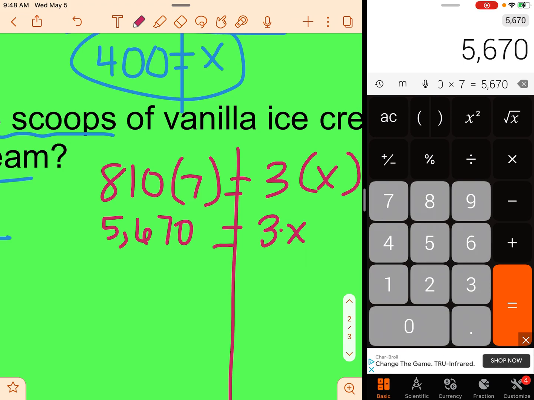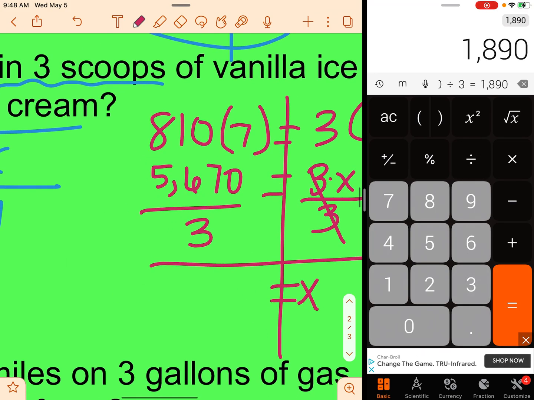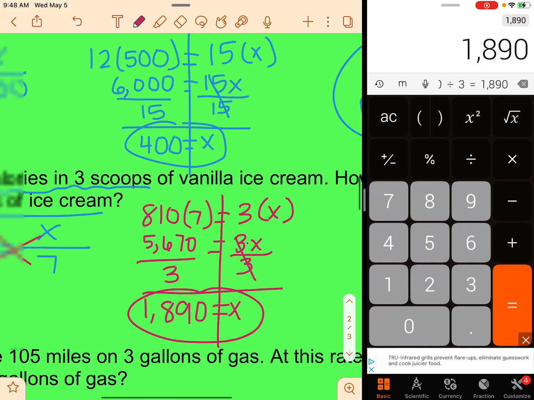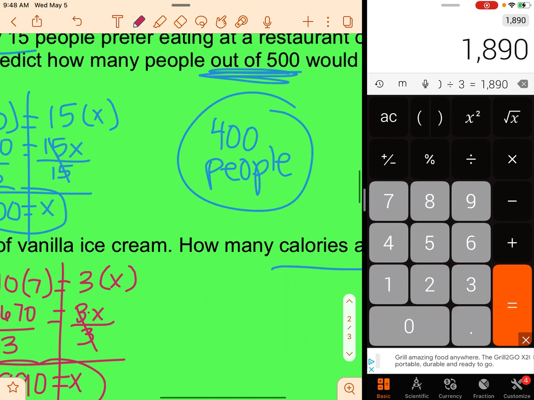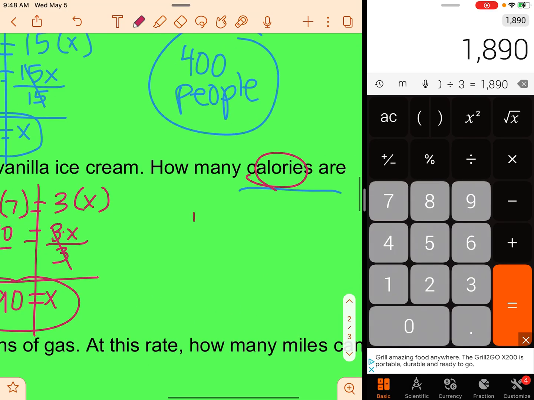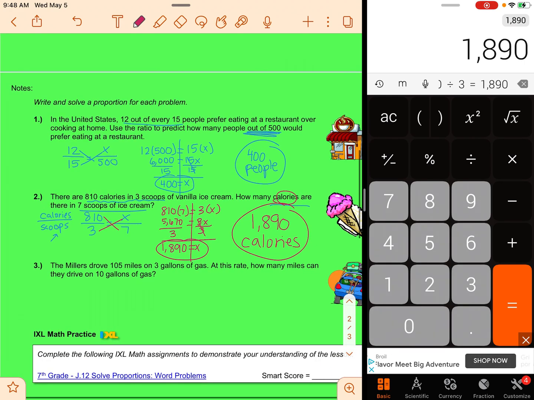We want X by itself, so we need to divide. 3 divided by 3 just gives us X, and 5,670 divided by 3 gives us 1,890. Since we're solving a word problem, what does that 1,890 mean? Does it mean dogs, cats? It means calories. So our answer is 1,890 calories in 7 scoops of ice cream. That's a lot.